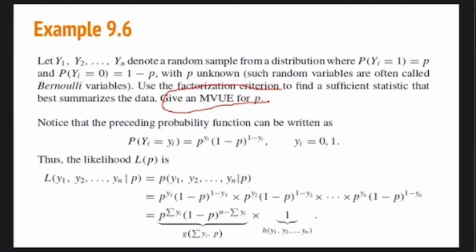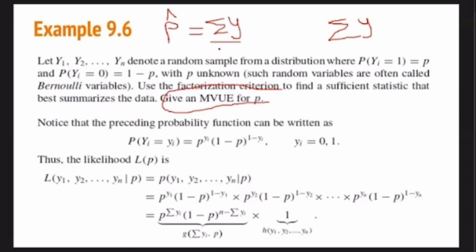Now, if you take a look at this, what do you think will be the function if we say summation y is the sufficient statistic? Can we define a function that has a sufficient statistic? Of course. What is the estimator? The estimator is summation y divided by n.